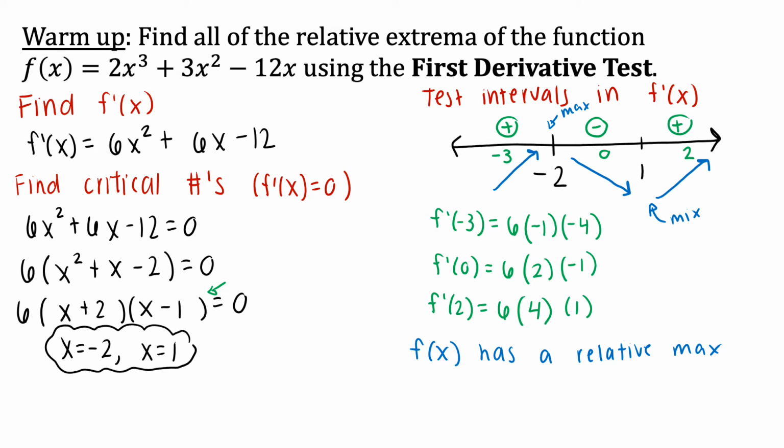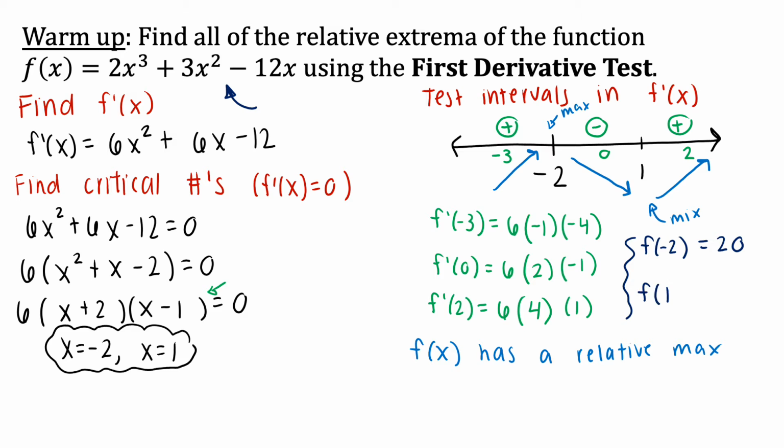And then remember, that very final step was that we get to plug those back into our original function to find our ordered pair. So we want to look at f of negative 2, plugging into the original function that they gave us. You would have 2 times negative 2 cubed plus 3 times negative 2 squared minus 12 times negative 2, and you should get 20.